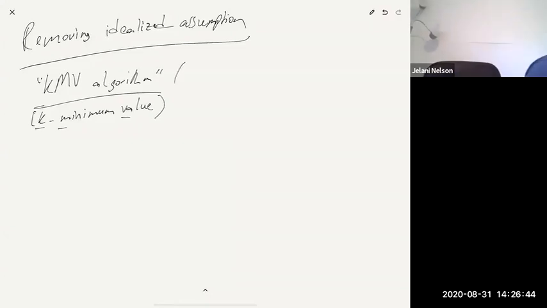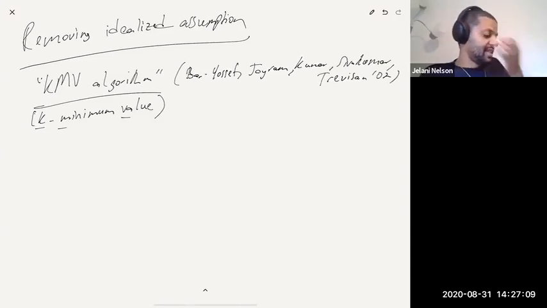This is due to Bar-Yossef, Jayram, Kumar, Sivakumar, and Trevisan back in 2002. And what does the algorithm do?